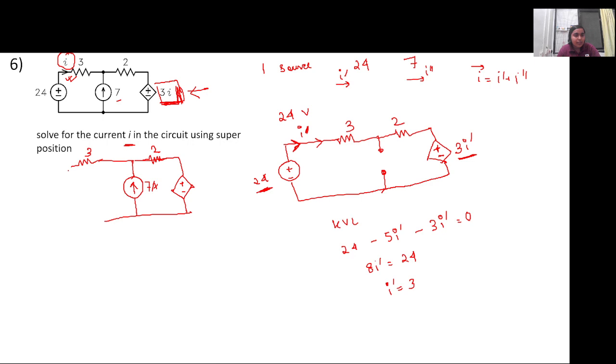Now the voltage source is short circuited. Whatever the current I double dash will be flowing on it, what will be the value of this voltage dependent source now? 3I double dash, because it depends on the branch current that is flowing through this 3 ohm resistance.